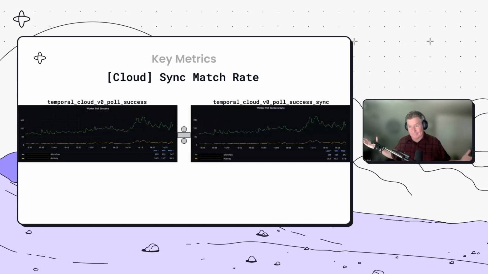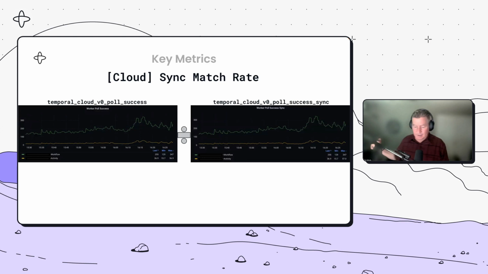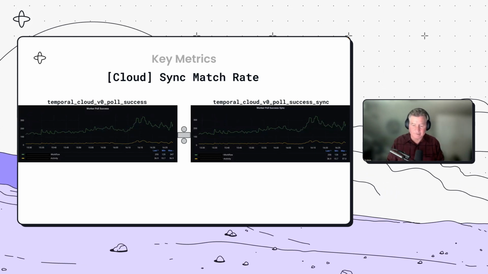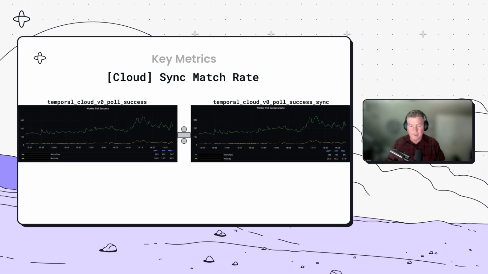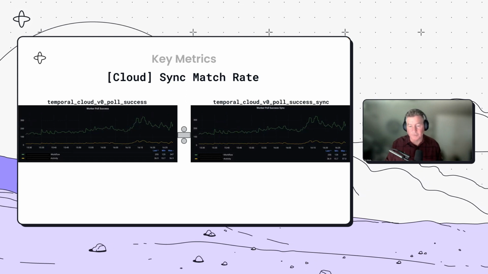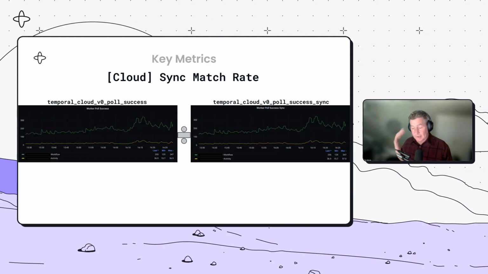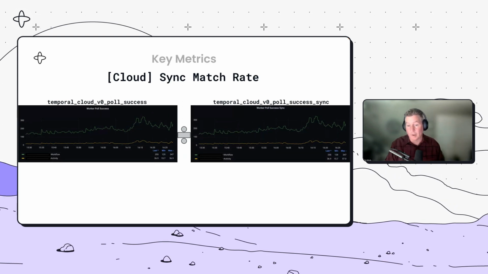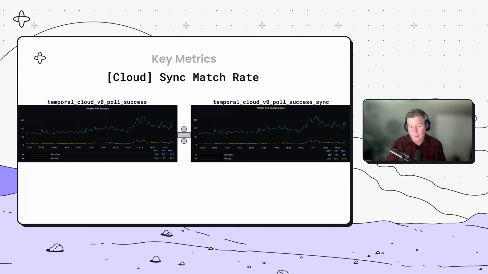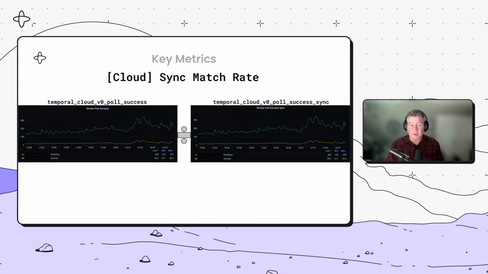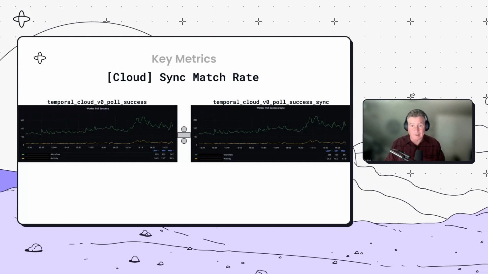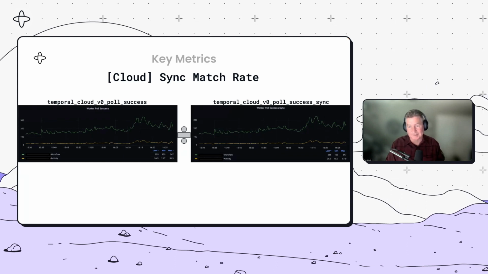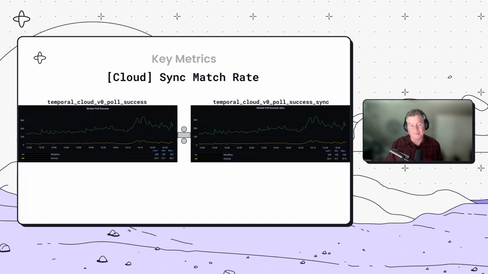Well, what does that even mean? Whenever we talk about poll success sync, what that metric is saying is that I didn't have to write it down to the database to send the task over to the worker. In other words, when the task came in, I was able to deliver it right away to the worker. Now, the poll success metric on the left is actually just saying that the poll was successful, excuse me.